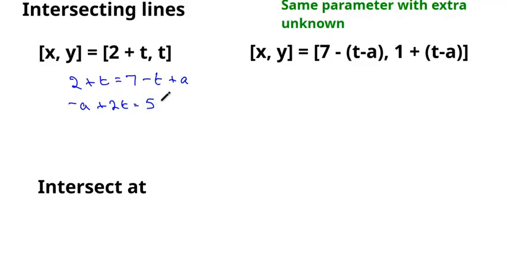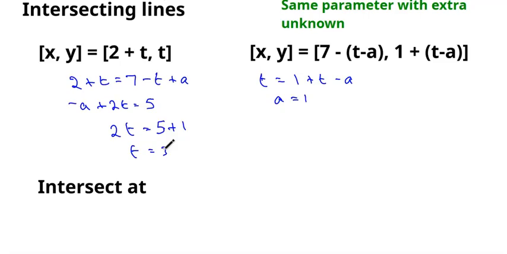If I equate the y components, I'll get t is equal to 1 plus t take a. Here the t's would cancel out and I'm left with a equals 1, which I can substitute back here, and I'll get 2t equals 5 plus a, which is now 5 plus 1, which gives me 6, divided by the 2 will give me t equals 3.